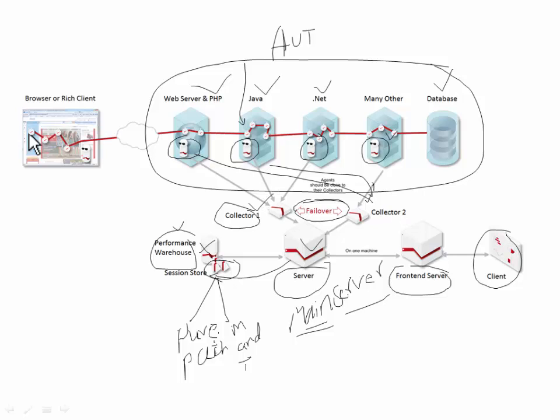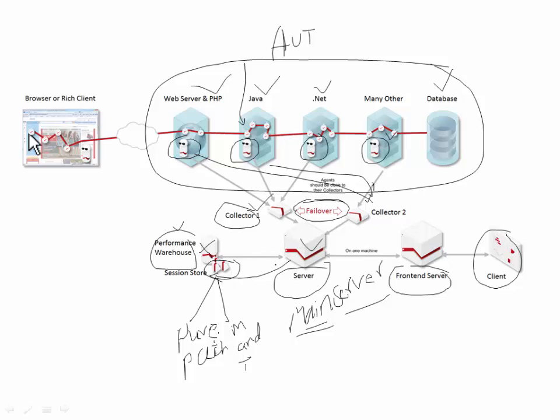You could have more than one collector, which would work as a failover, which means that if one collector is down, the agents can continue to send the data to the other collectors. These collectors will not keep the data; they will send it to the Appmon main server, which will further process that data, or you can say correlate the PurePath data and all the other related data.